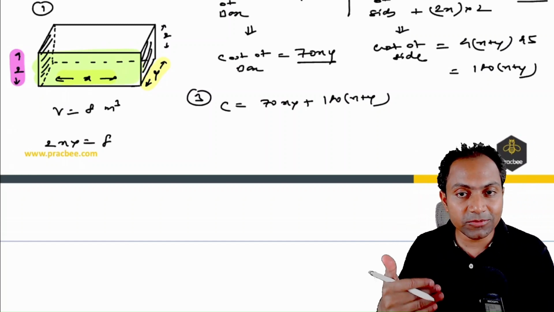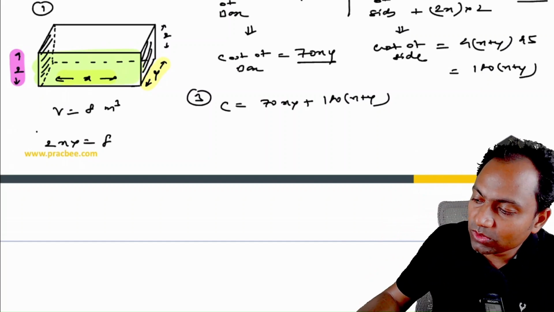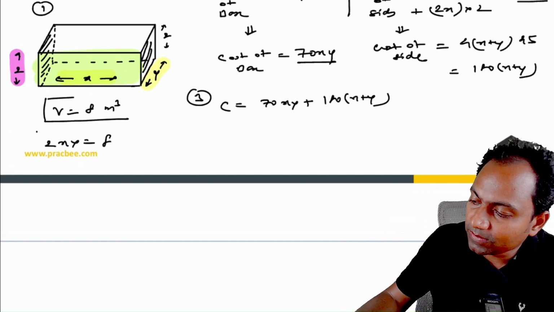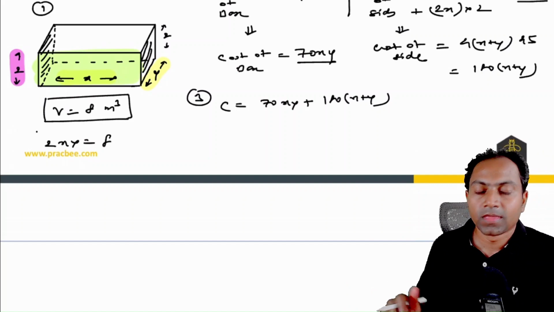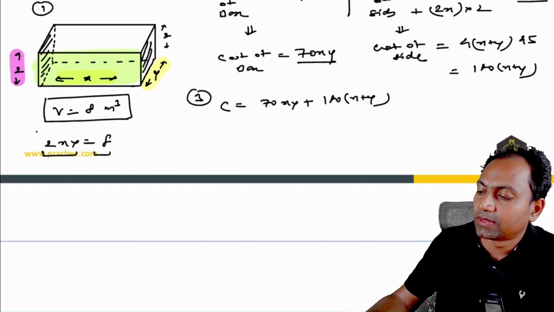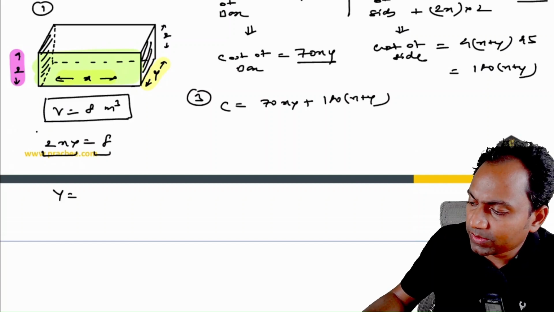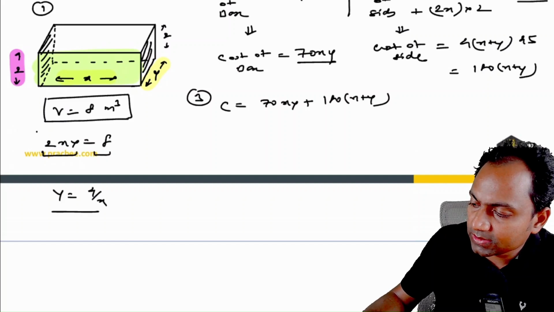So our next step should be to reduce it in terms of only one variable. For that they have given one more relation, that the volume is nothing but 8 cubic meter. So if I write the volume, it is nothing but 2xy, this comes out to be 8. And from here, if I substitute the value of y, it would be nothing but 4 by x.